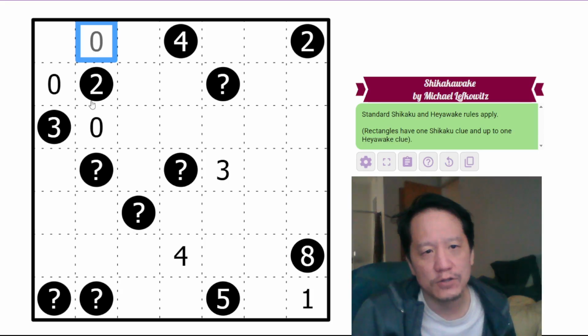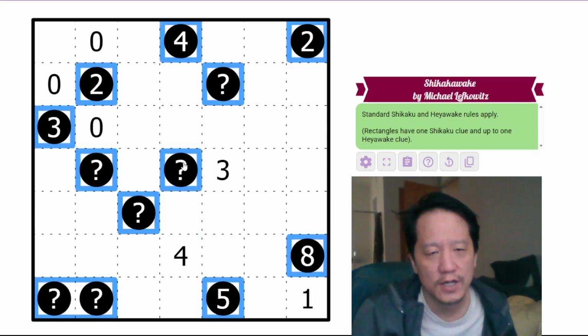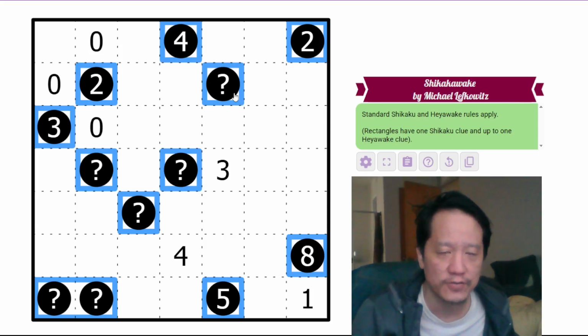The Heiawake clues are the black digits, and the Shikaku clues are the dark circles with a white digit inside of them.